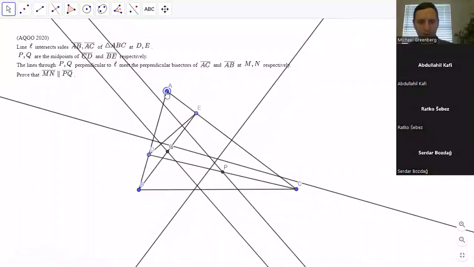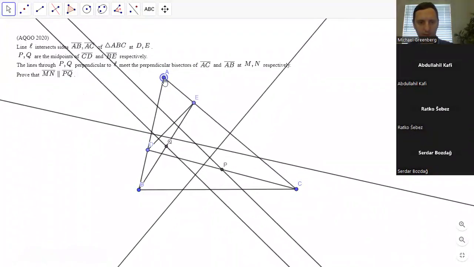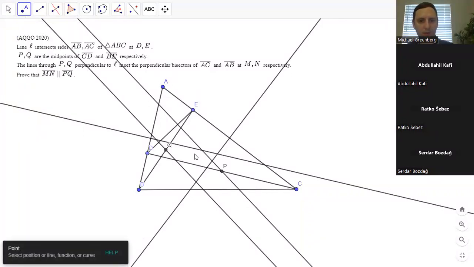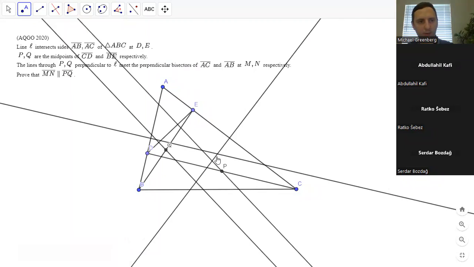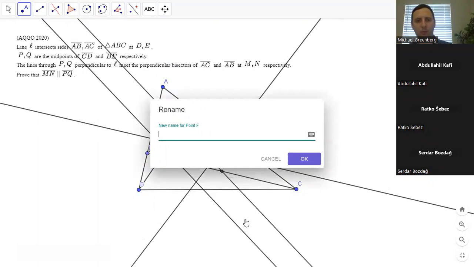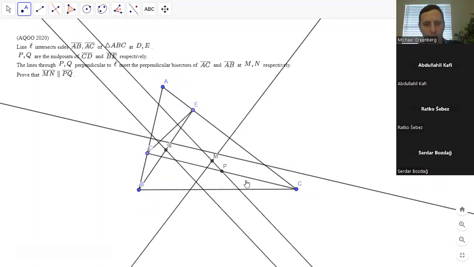Okay. How do I make it a nice diagram? Line through P perpendicular to L, and we want to see where it meets this bisector. So yeah, I'm going to want to draw the midpoints of AC and AB, but first I'm going to draw the points. So a line through P, and then this line, we let this meet at N.